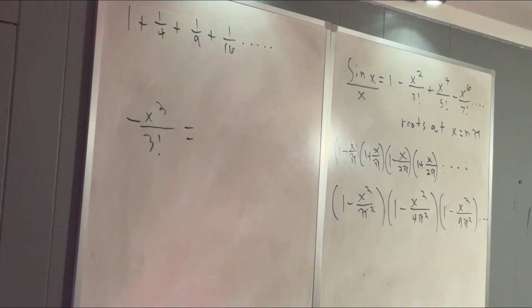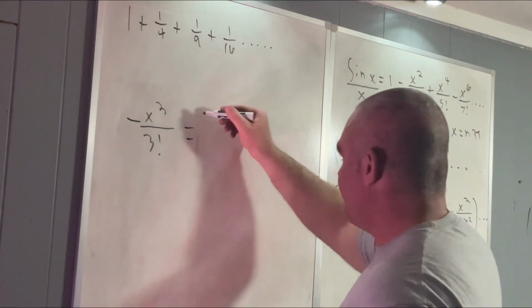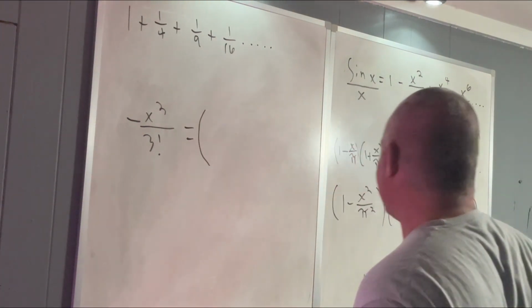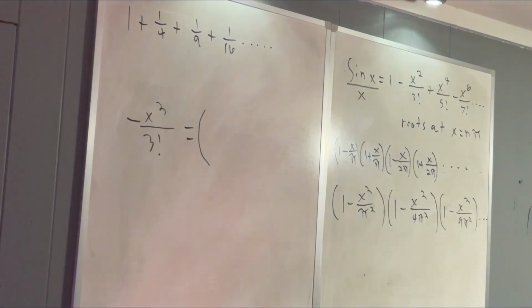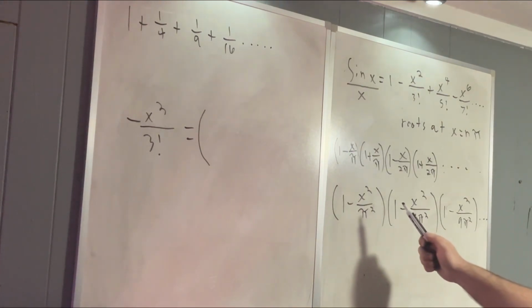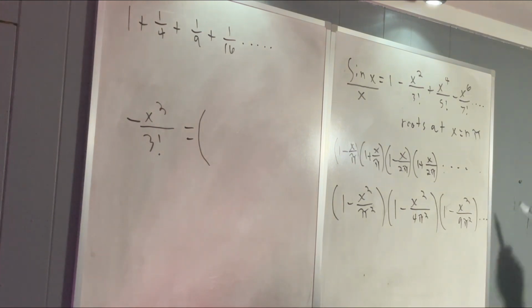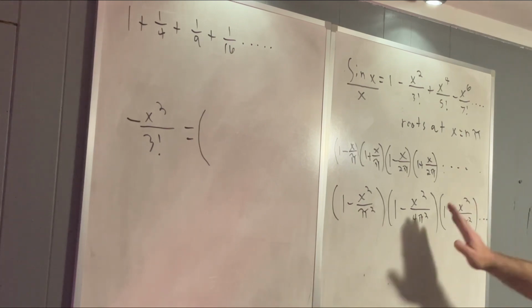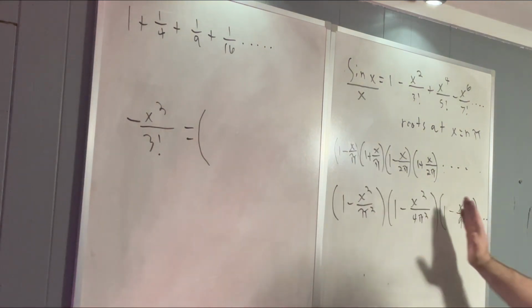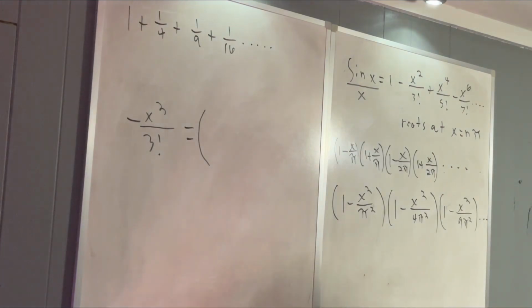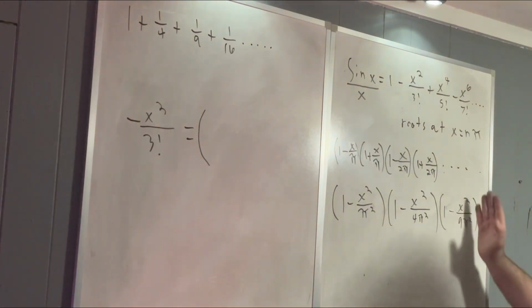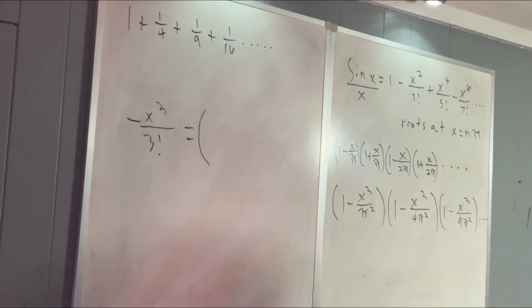Well, how are we going to get x squared terms? We could get an x squared term by multiplying this times this times this times the first term times the first term, and on and on together. We could also get an x squared term by multiplying this times this times this times this times this. We could also get an x squared term by multiplying this times this times this.